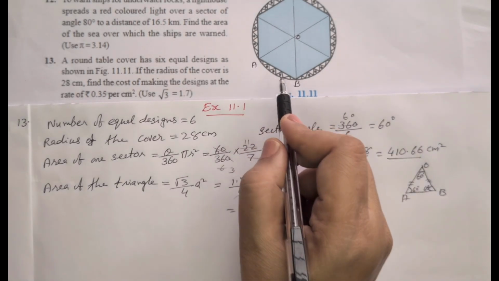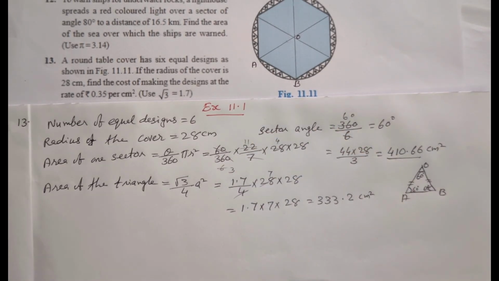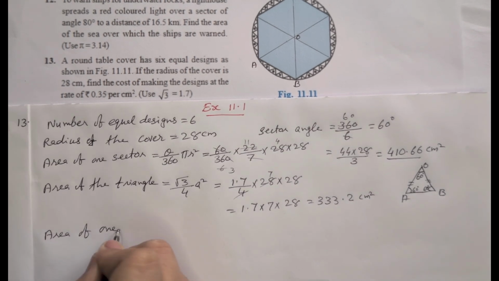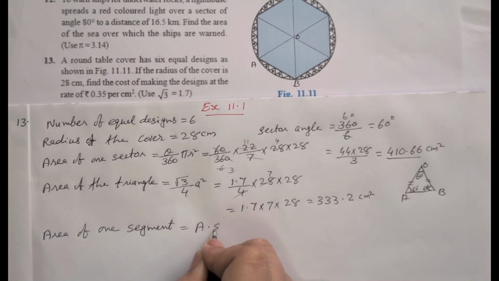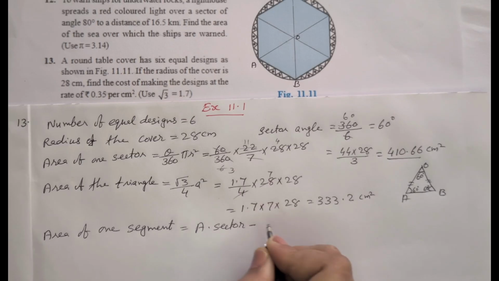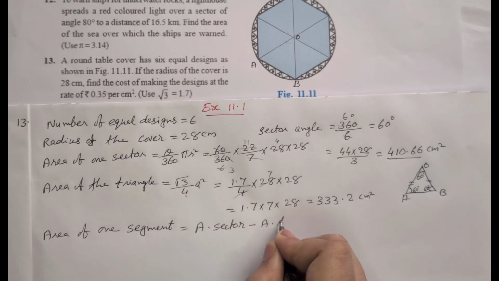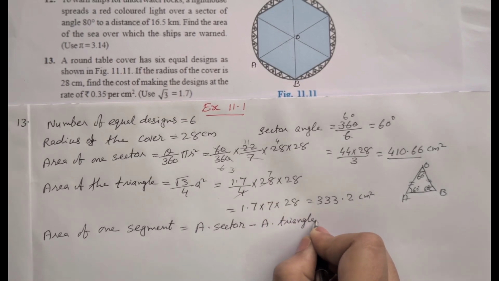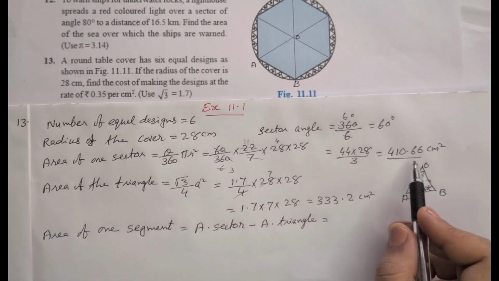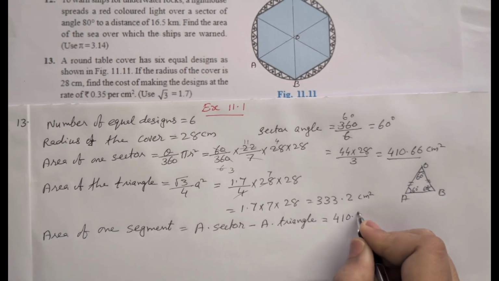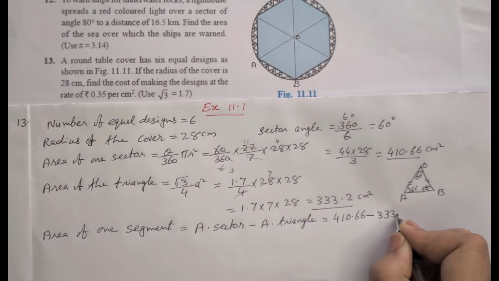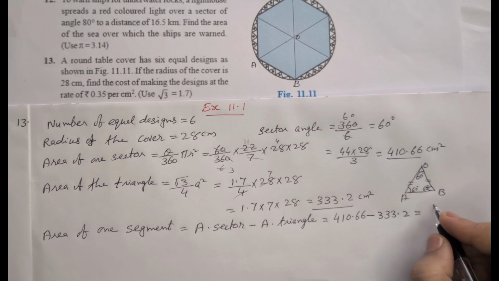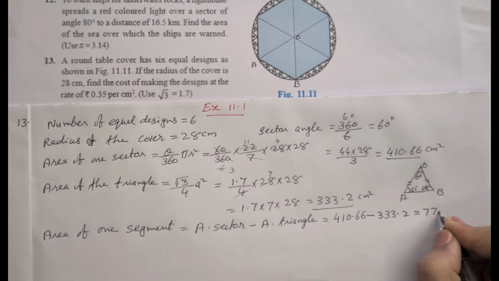Now the area of the segment. Area of one segment is equal to area of the sector minus area of the triangle, which is equal to the area of the sector we already got, that is 410.66, minus this one, 333.2, which is equal to 77.46.